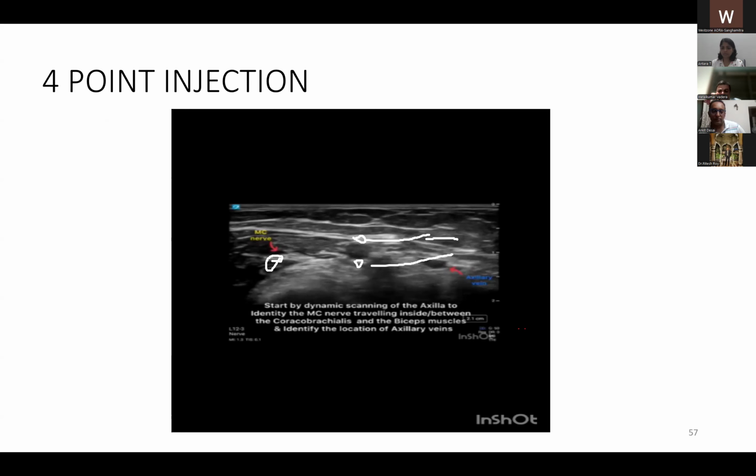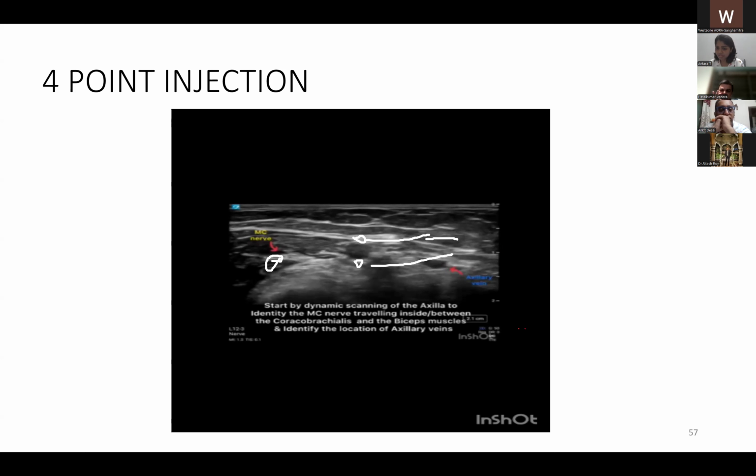Regarding the interscalene injection, what are the different types of injection which you apply in interscalene? You have shown in your slide that you deposit the drug between the epimysium and the epineurium. That's a daring disclosure.